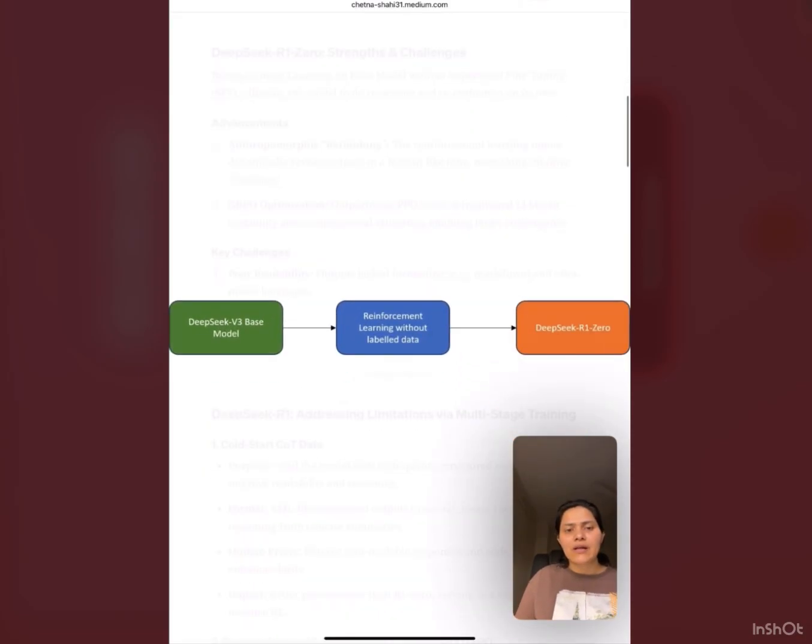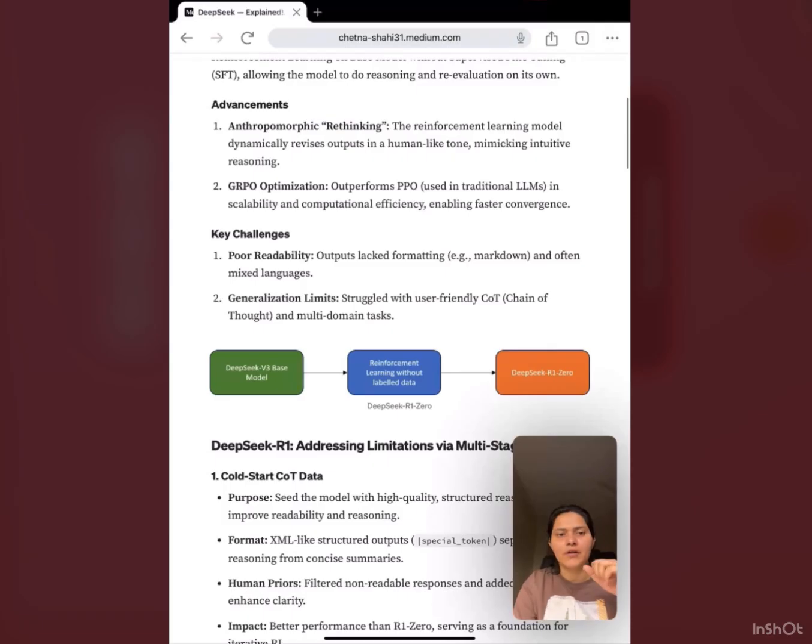Let's have a quick glimpse of how the DeepSeek-R1.0 architecture would look. They have taken the DeepSeek v3 base model and done the reinforcement learning without any labeled data. So the model is doing a lot of self-evaluation, self-reasoning, re-evaluation, and then giving us the final DeepSeek-R1.0 model.